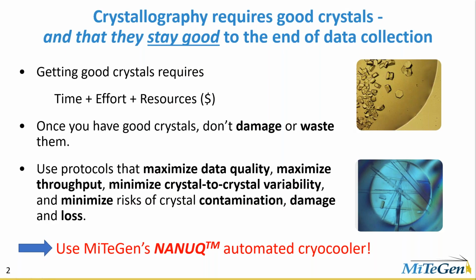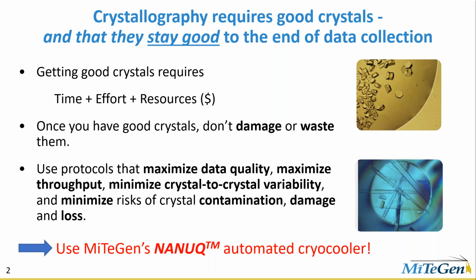We need great crystals to get great data and great structures. And we also need to make sure that those crystals stay great all the way to the end of data collection. Getting those crystals requires a lot of time and resources. And so once you have them, you want to make the most efficient use of them. You don't want to damage them or waste them.